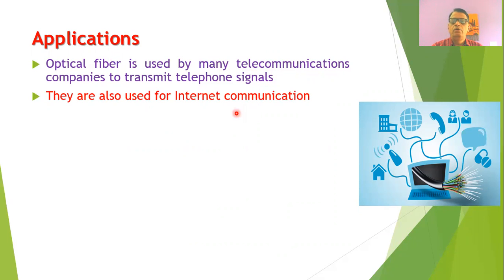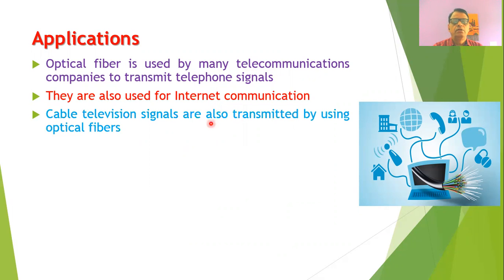For internet communication also, one can easily find that optical fiber cables are used. The television signal or cable television signal can also be transmitted by using optical fiber cable. So almost all modern communication systems use optical fiber instead of twisted pair cable.